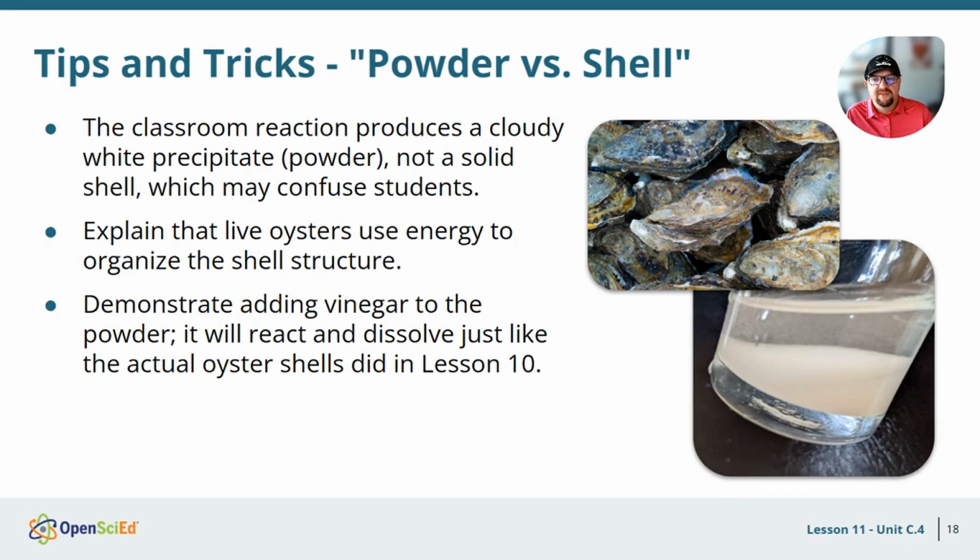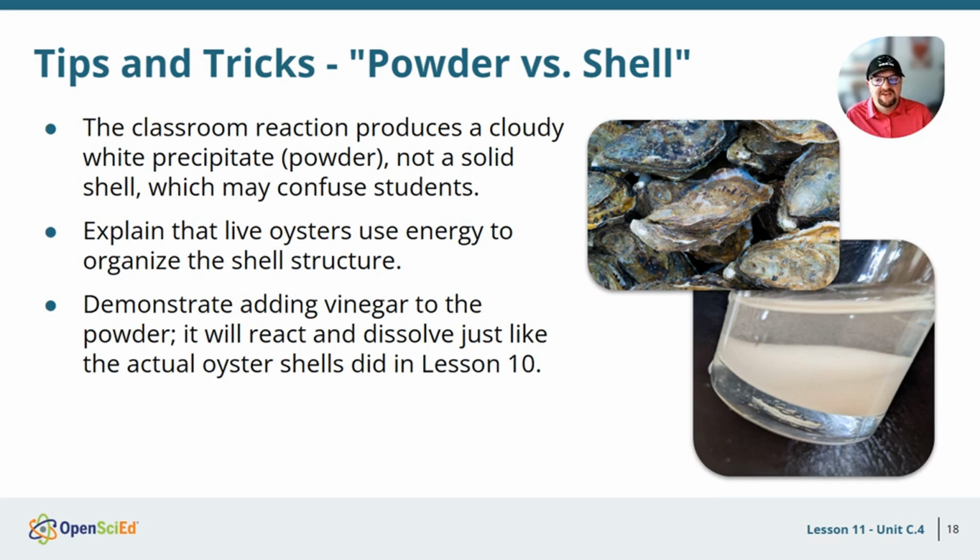A common sticking point for students in this lab is that the reaction produces a fine, cloudy white powder rather than a hard, iridescent oyster shell. Students sometimes feel like their lab failed because they made chalk dust instead of a shell. More often, they just don't make a connection between what they see in the beaker and the oyster shell. What has worked for me is explaining the line between chemistry and biology.